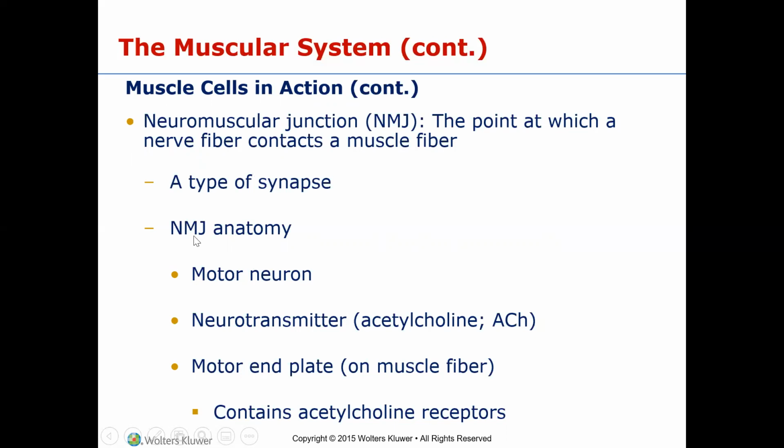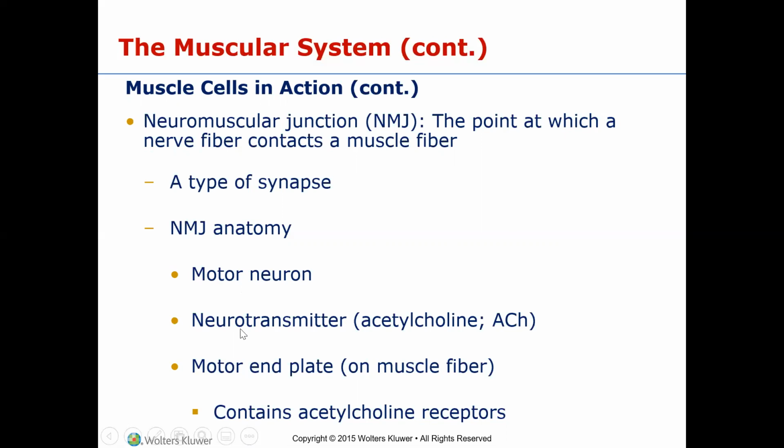So if we look at the neuromuscular junction anatomy, we have to have a neuron, specifically one that is involved in stimulating the muscle, so it's a motor neuron.